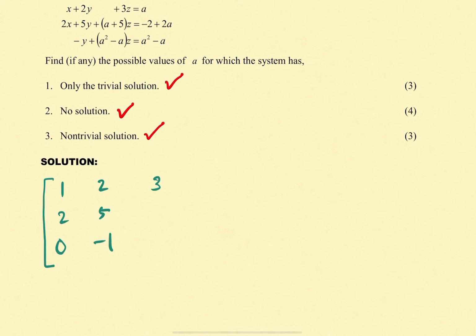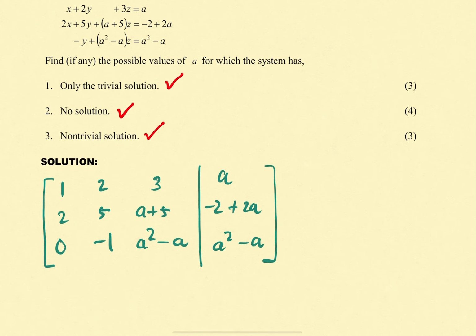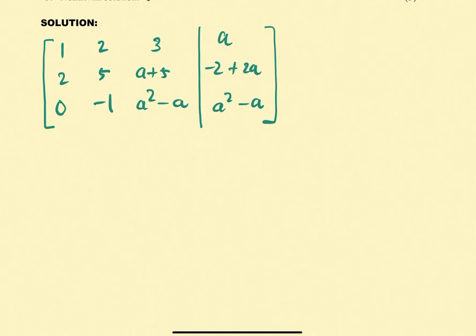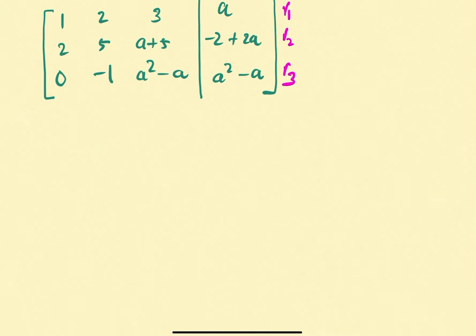We've got a 3, we've got a plus 5, and a squared minus a. You augment this to your constants, and that is a minus 2 plus 2a, and you've got a squared minus a. So I'm going to operate on that and reduce it into row echelon form. And that is your R1, your R2, and your R3.